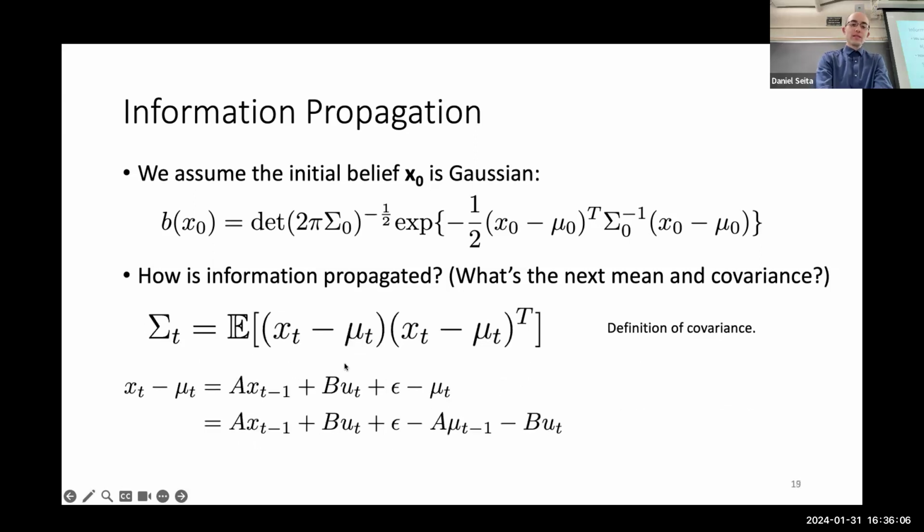So the same thing happened here, except we went from t+1 to t, and it simplifies to this term. So what we can do now is plug in this term here and put it inside the expectation. And then this is the vector that we're taking the covariance of.